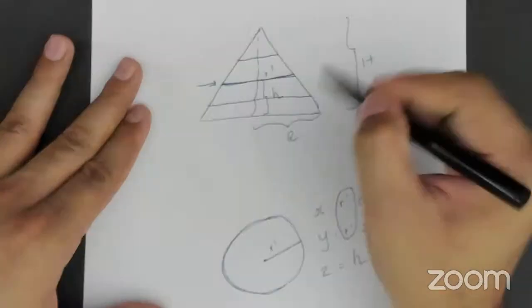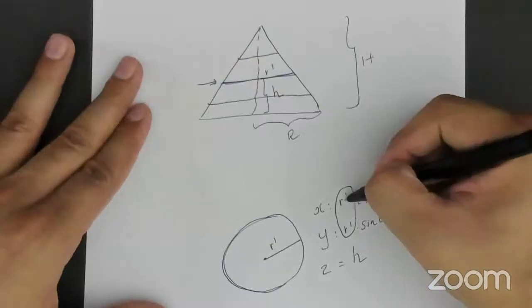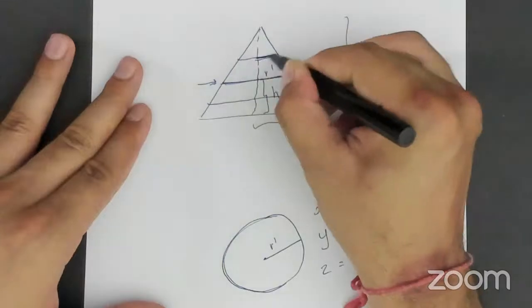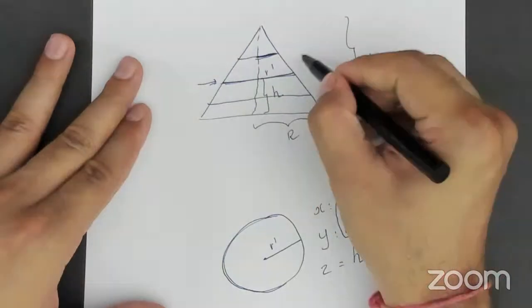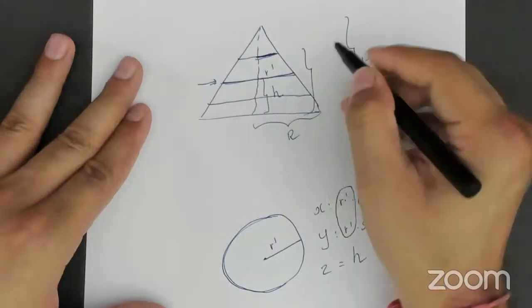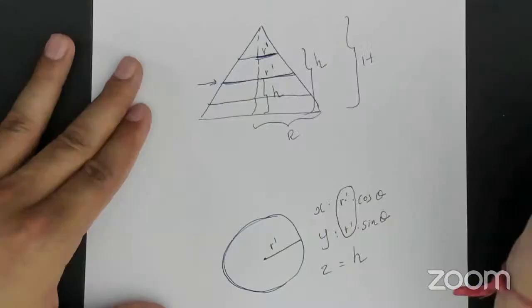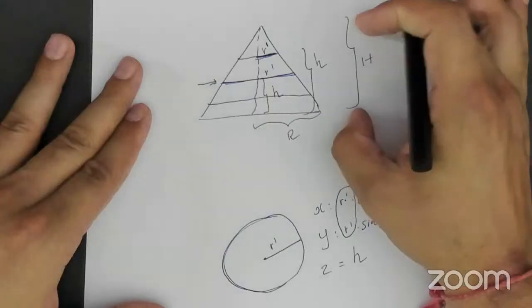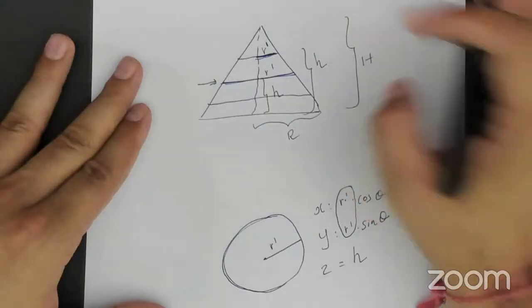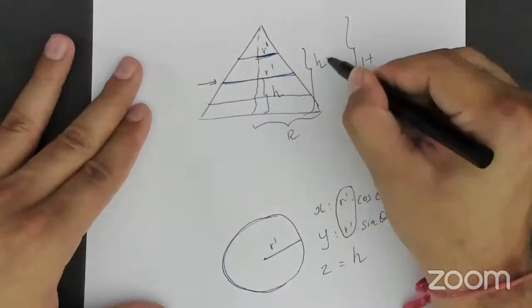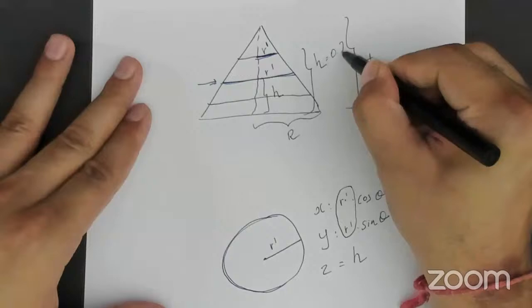So let's say, for example, if you look at this instance, and let's say this value is h. Can you tell me what should be the r prime value? If the entire height is, let's say, 1 unit, then what should be the r prime? If this particular h is, let's say, 0.7, can you tell me what would be the r prime?